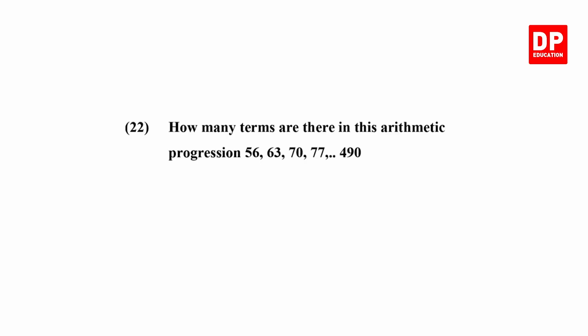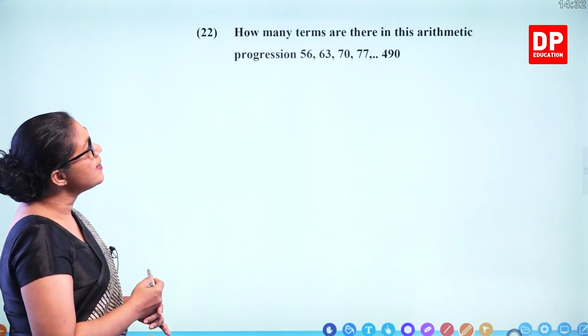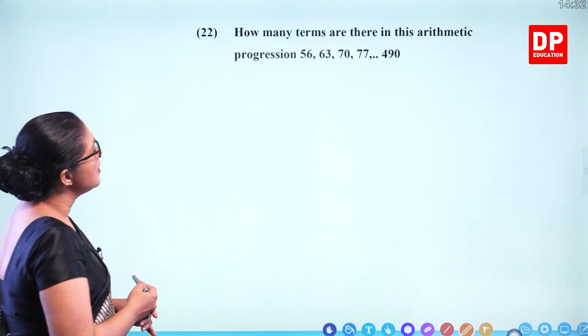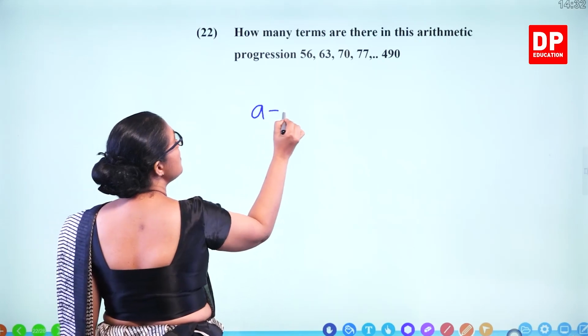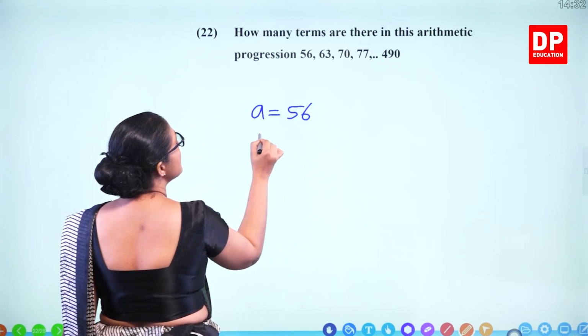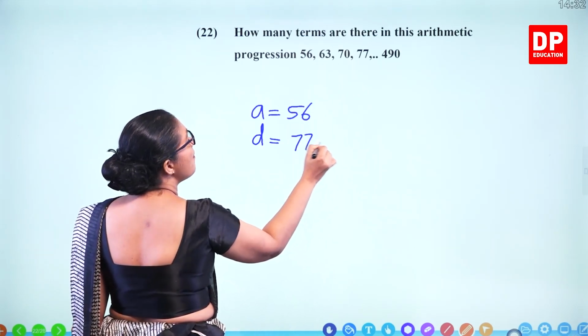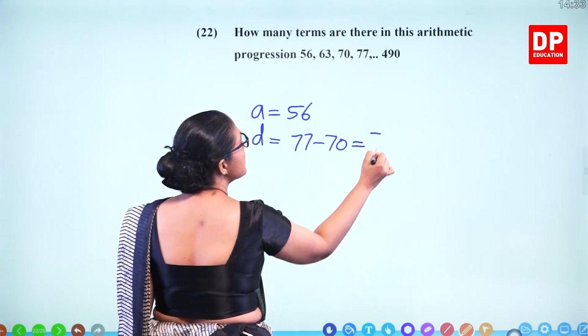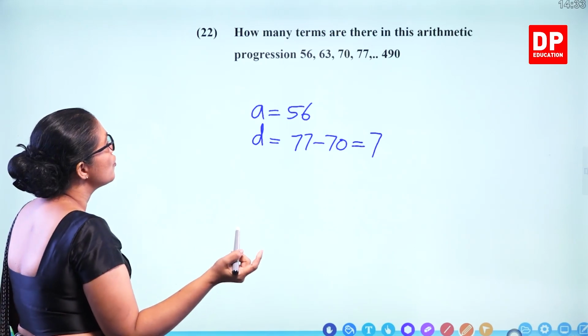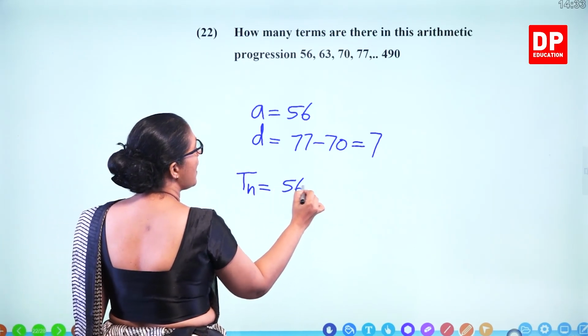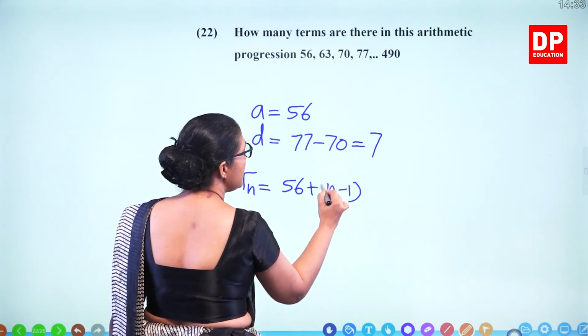Question number 22. How many terms are there in this arithmetic progression? Starting value is 56. So first term is 56. What's the common difference? Any term minus the previous. You get 7. So you can use nth term formula: first term plus n minus 1 times d.